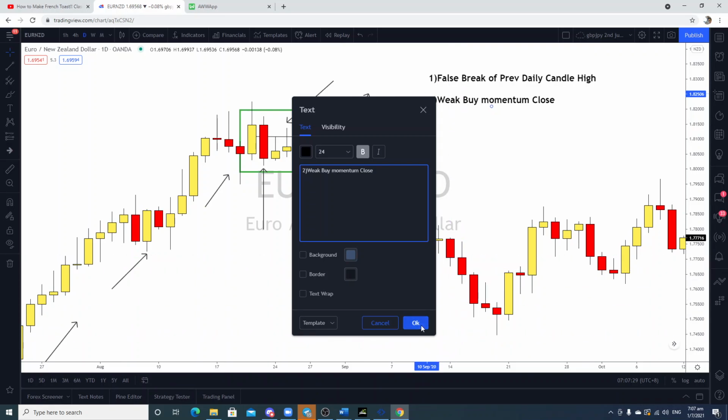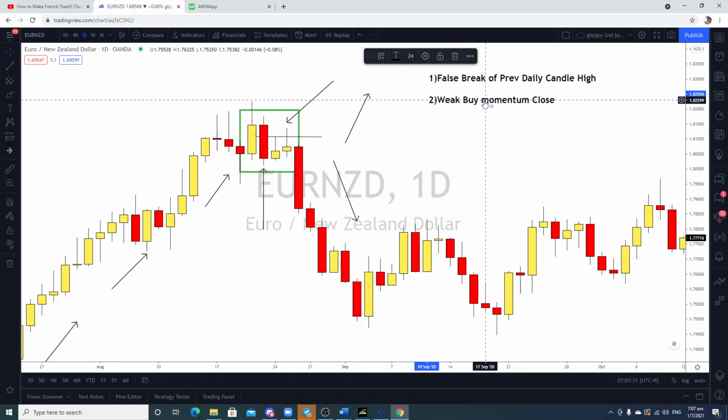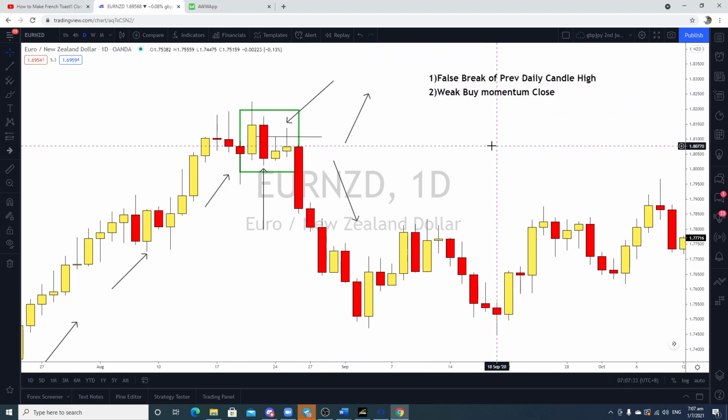So it gives you more confluence to take this sell, because right now you are taking it based on the anticipation that it's going to reverse towards the downside. The risk reward for an inside bar breakout is great. So the more confluence there is, the better: a false break of the previous daily candle high, and a weak buy momentum close.